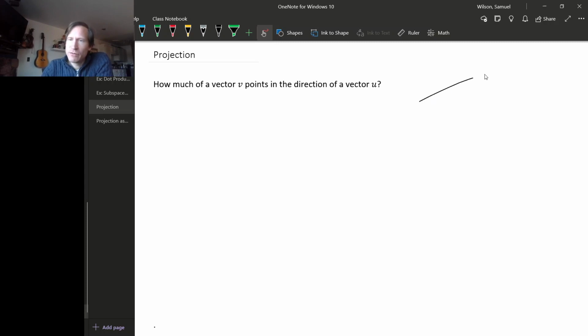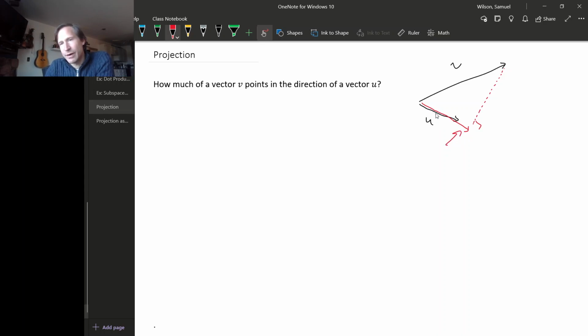So if we have a vector v and some other vector u, like this, what I'm asking is, if we squashed the vector v down onto u in a perpendicular manner, how much of v would be pointing out like this? So you can see that there's this red vector that we're looking for.